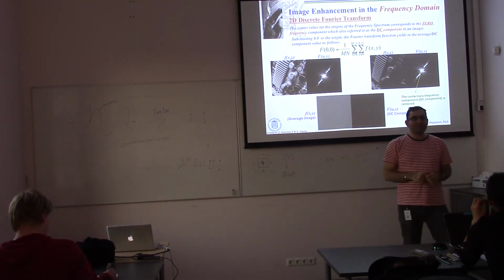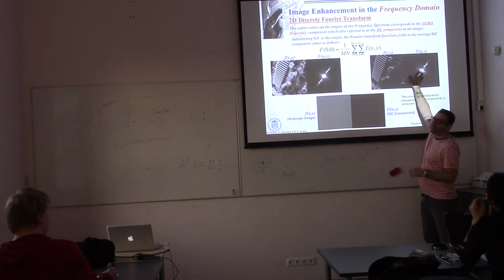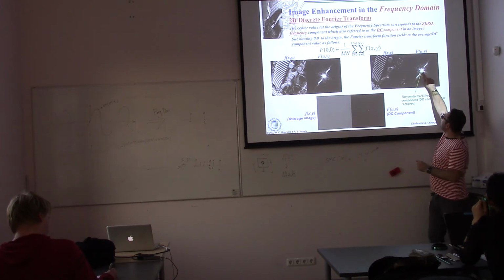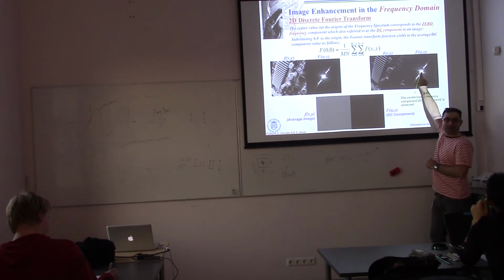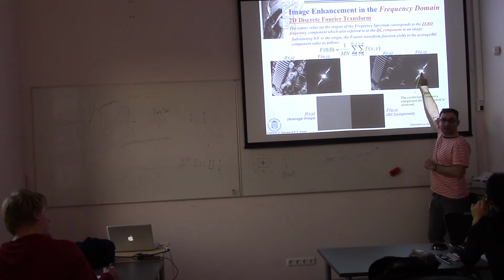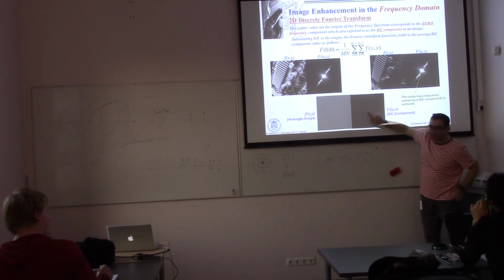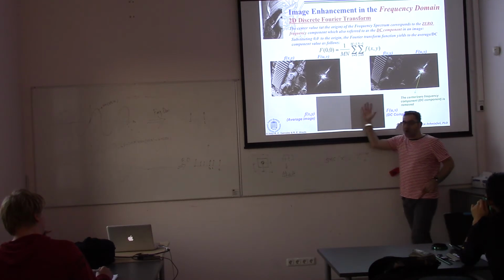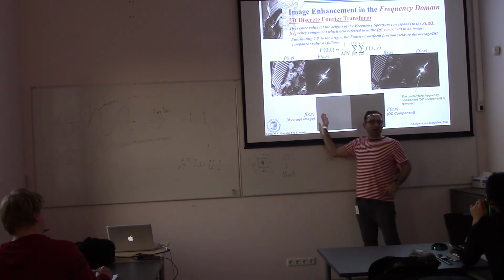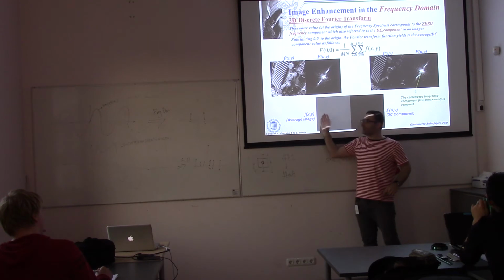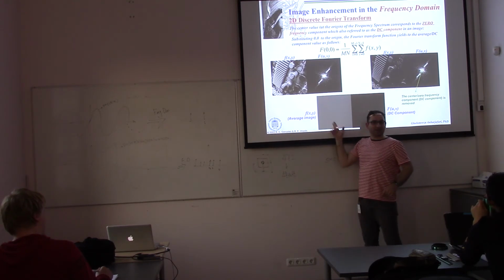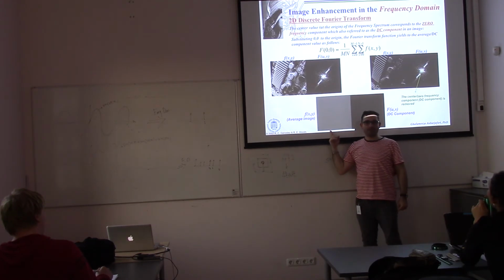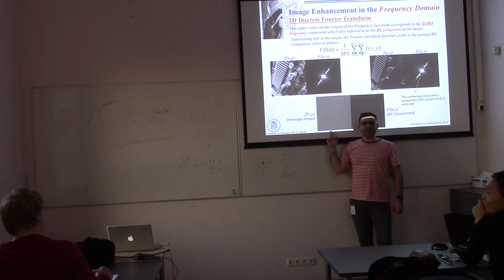So what we did next was that I killed everything and I just kept this value in the center. So it means my Fourier representation was just this dot. Then, if I come back to the spatial domain, this is what I see. Do you know what this is? Square. This is the square.